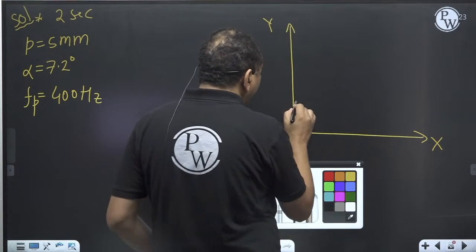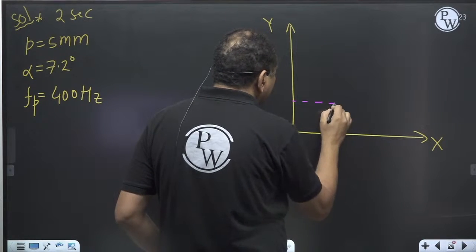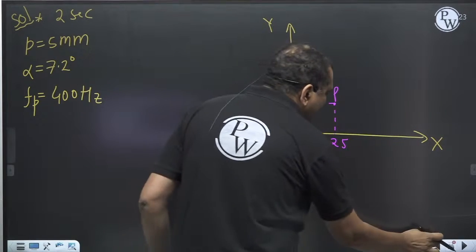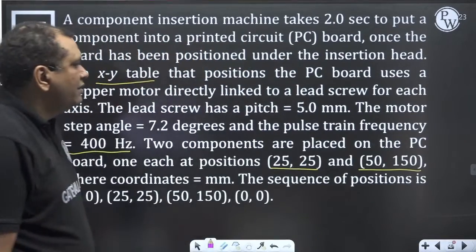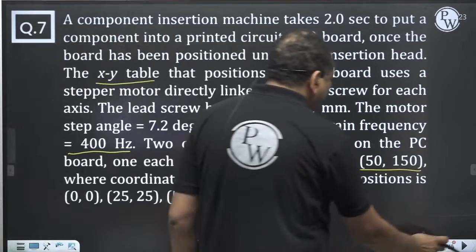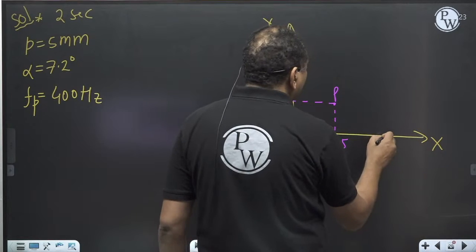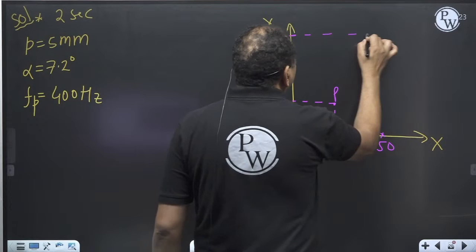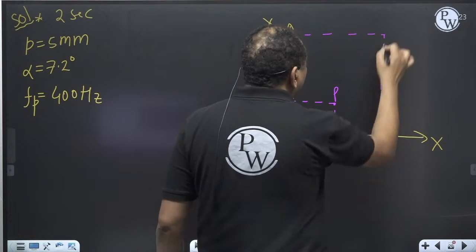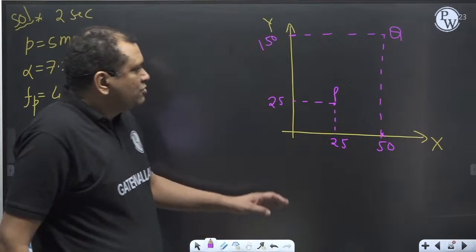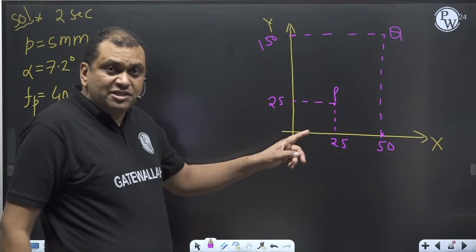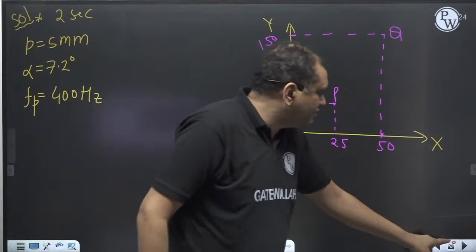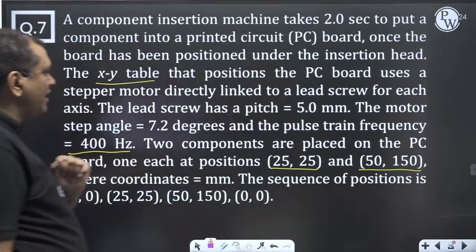One is 25-25, P, and the second component is 50-150. So two components are placed on this location. One is 25-25 and another is 50-150. Okay, I am just compiling the data.